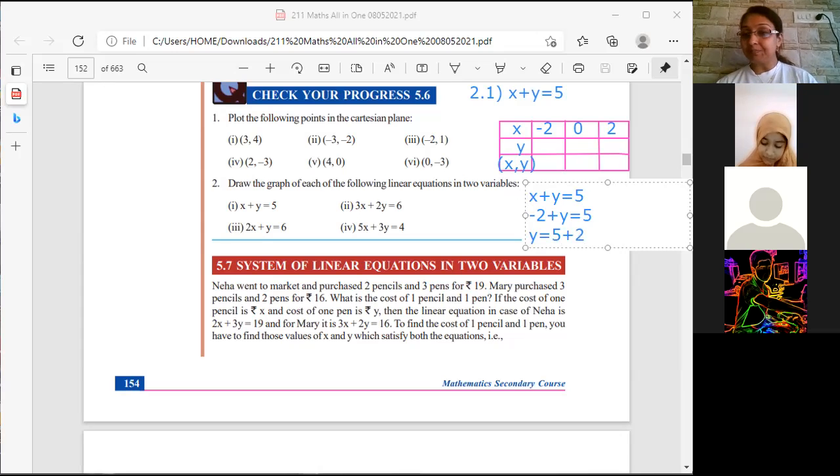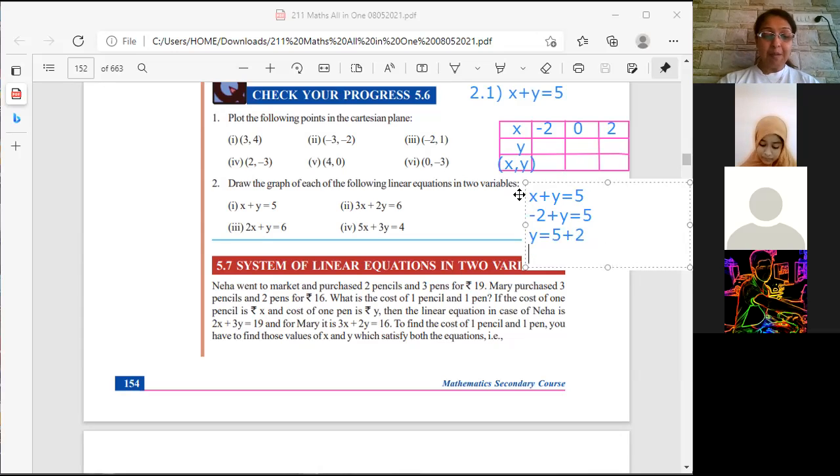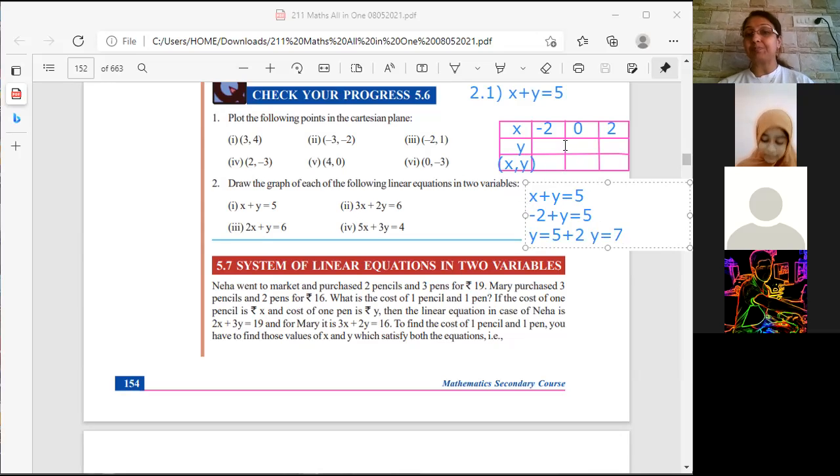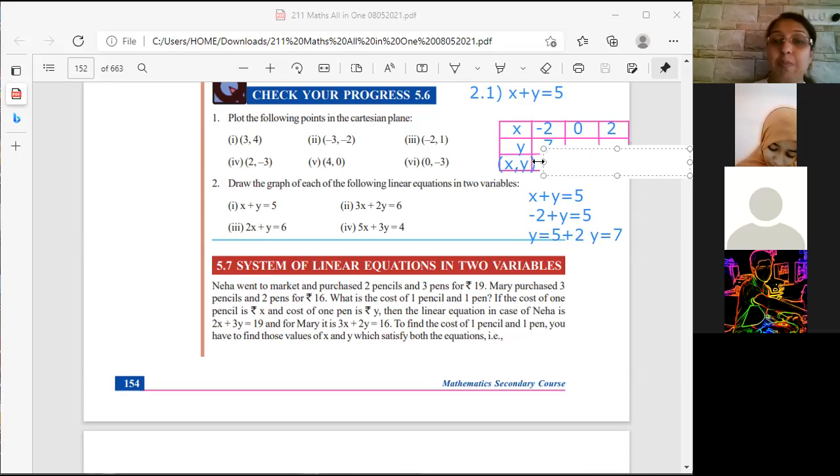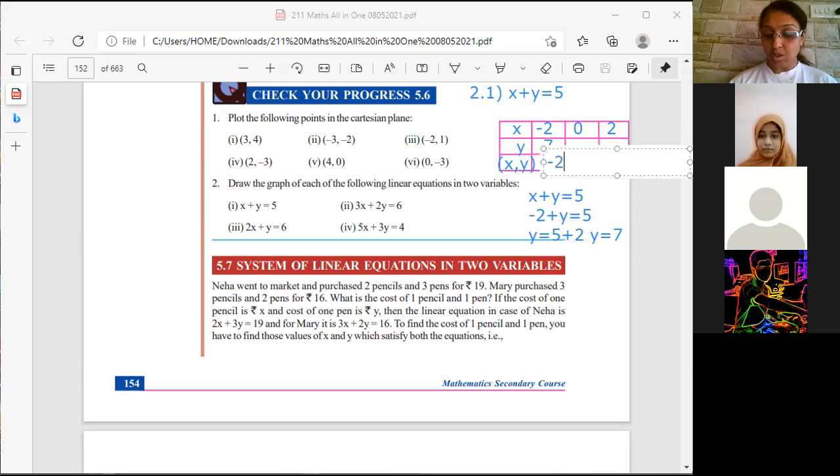Can I say my y is equal to 7? Yes. So I write y is equal to 7. Once I get the answer, I can put it in this box. And I can write my point. What is my point? -2, 7. Am I right?